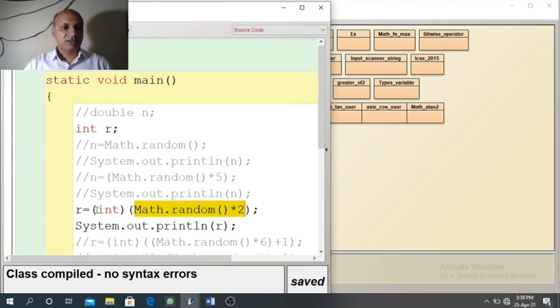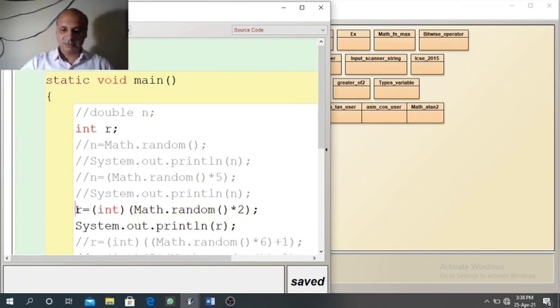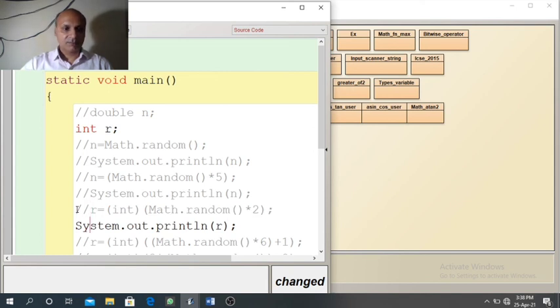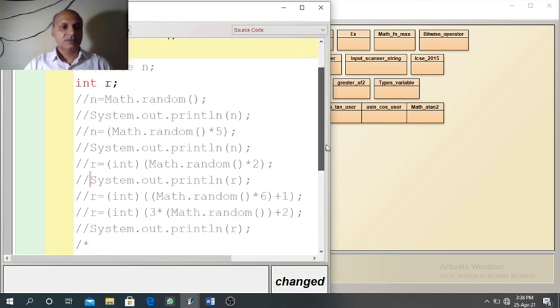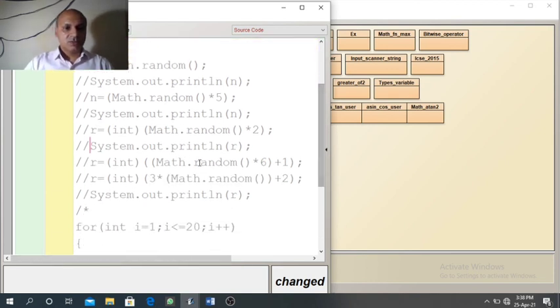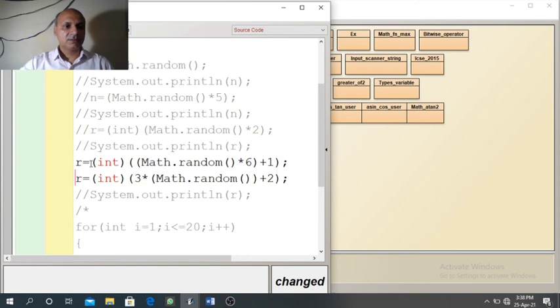Now we will discuss one more variation. If we want to control lower value also and upper value also. So how to do that? Suppose we are throwing a die in the game of Ludo.